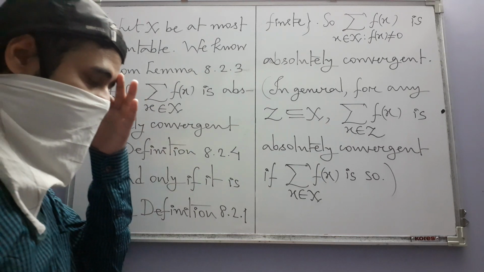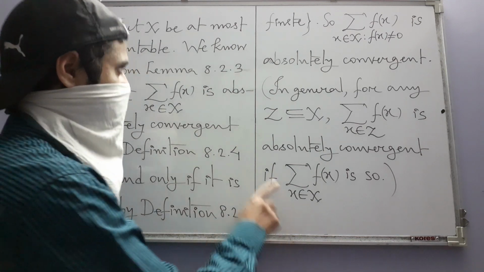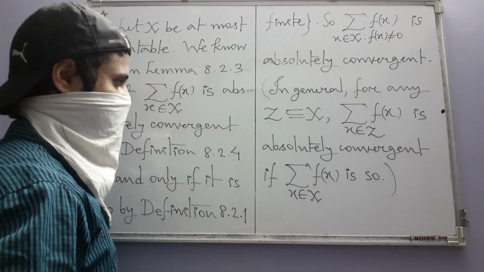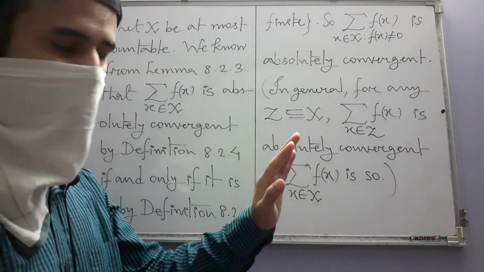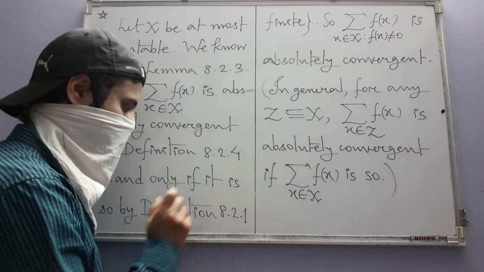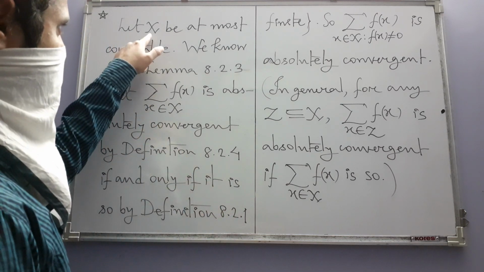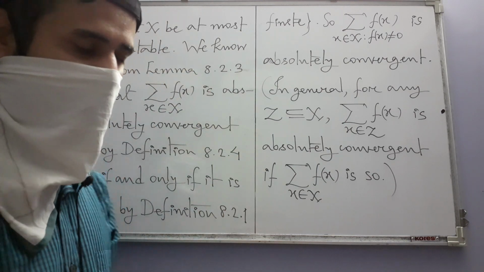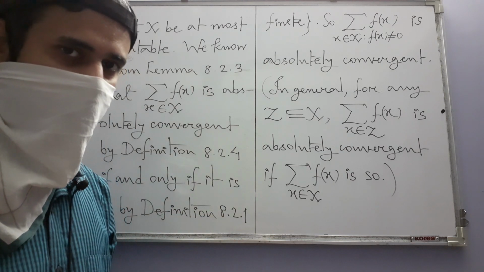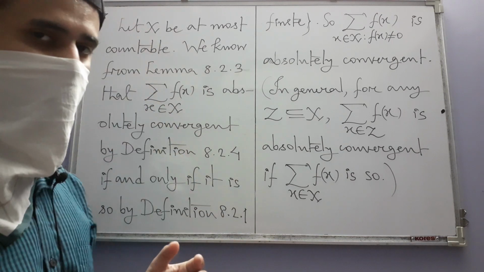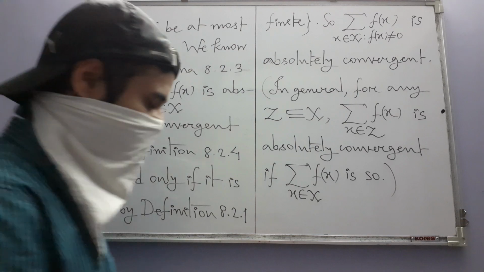But let us also remember that subtle fact that X is at most countable. In fact, when we were going through the solutions to the first two exercises in the previous video, we noted that definition 8.2.1 does not exactly cover the case when X is a finite set. So we needed to extend this slightly in order to include that case. That's why within brackets we write like this.